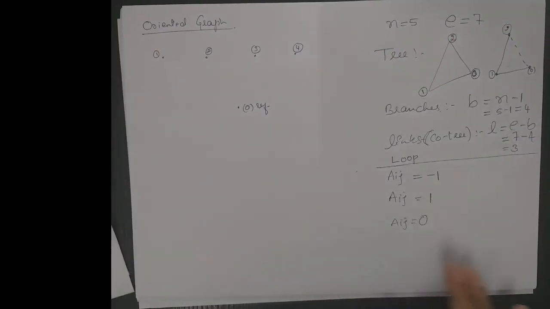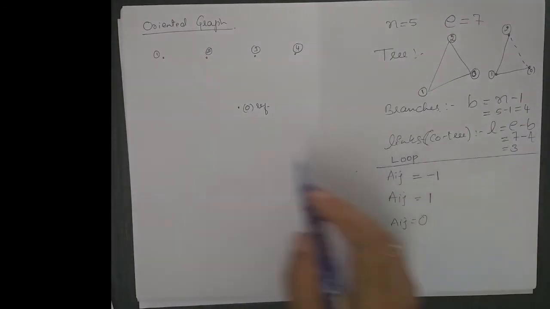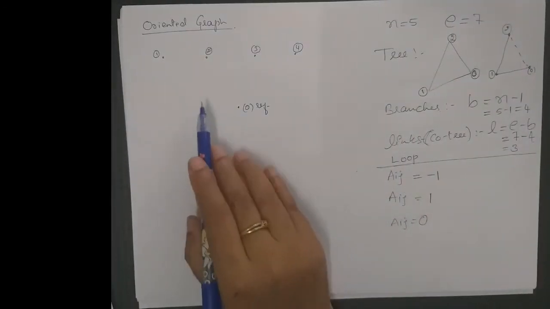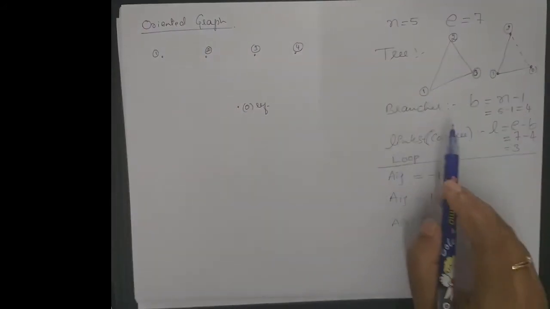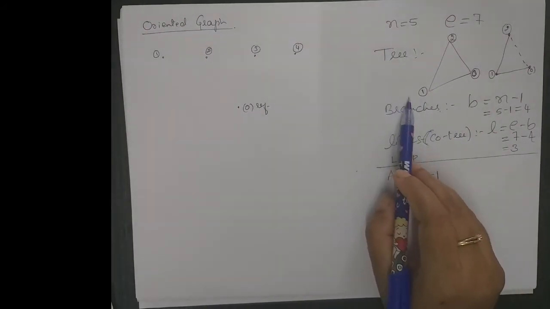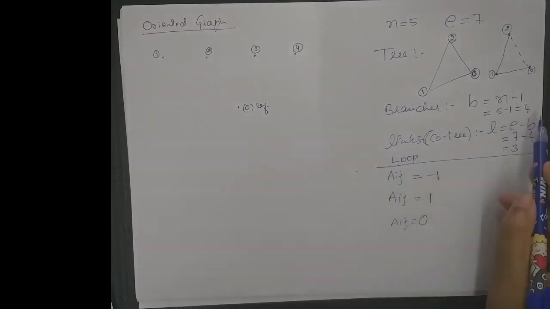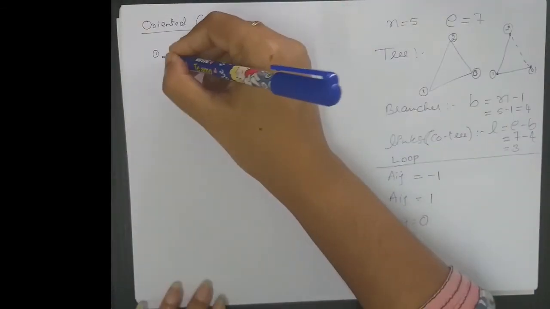We'll see this from this network. So this is the network we have. From this we have to form the tree first. How many tree branches can we have? 4 tree branches.